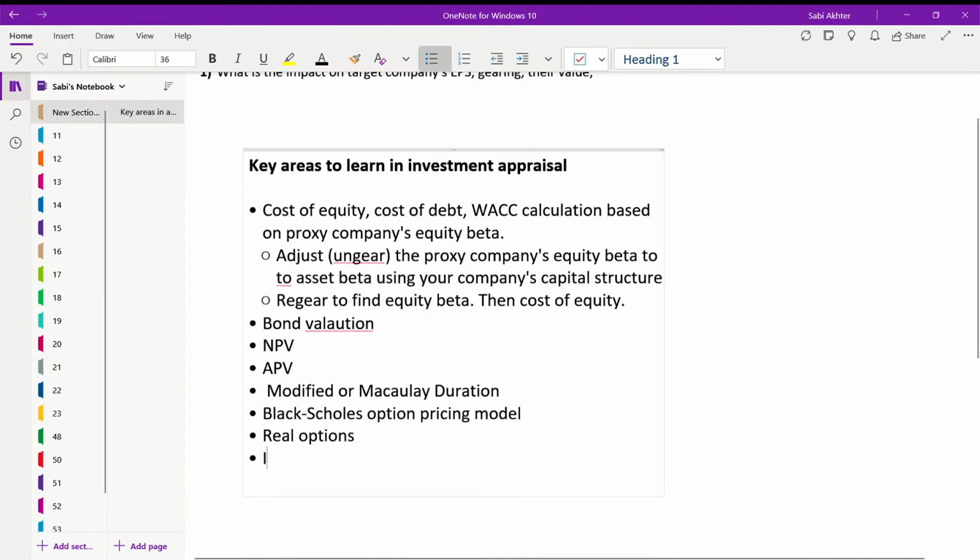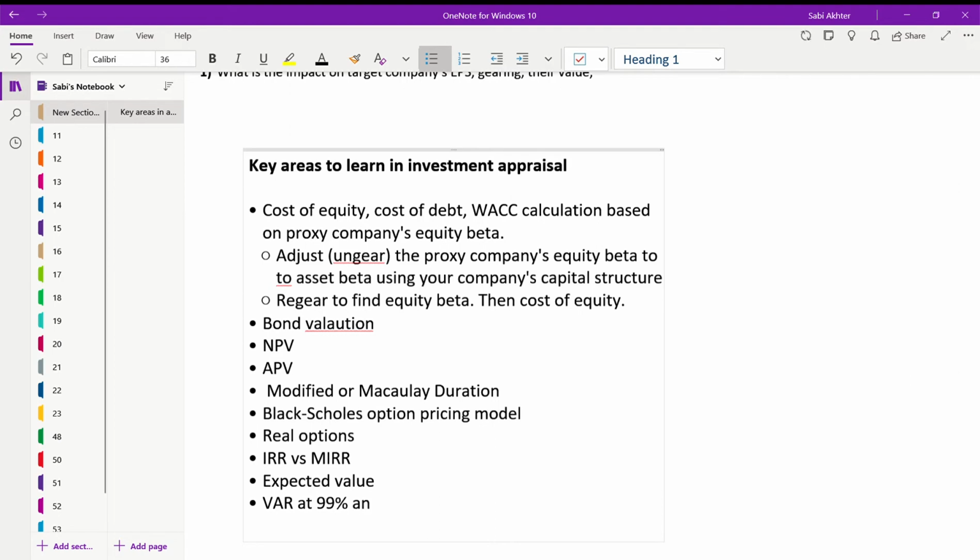So IRR versus MIRR. You should know expected value using probability when probability is given for net present value and all. Then value at risk, let me write VAR, which is value at risk at 99% and 95% confidence level. What is next? Know the standard deviation, memorize it.